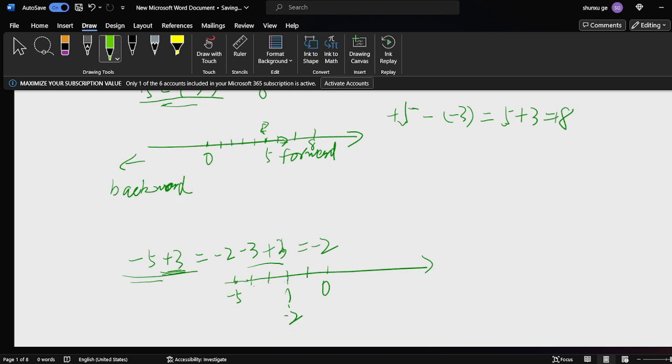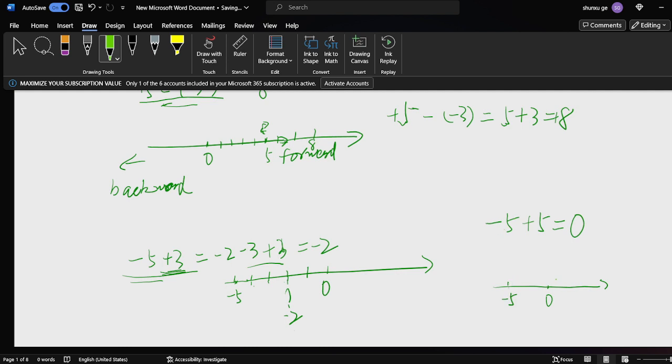So we just understand what that means, find the solution, but we also find how to solve them. For example, negative 5 plus positive 5 always equals 0. Why? From the number line, 0, this, negative 5, then positive 5.